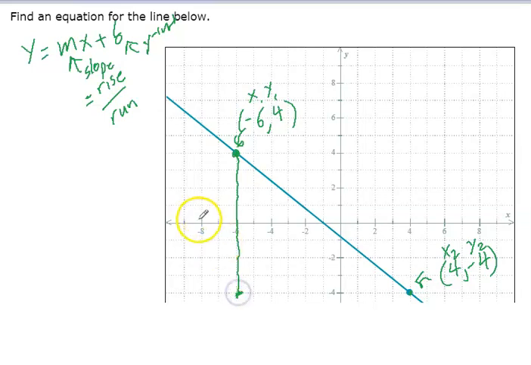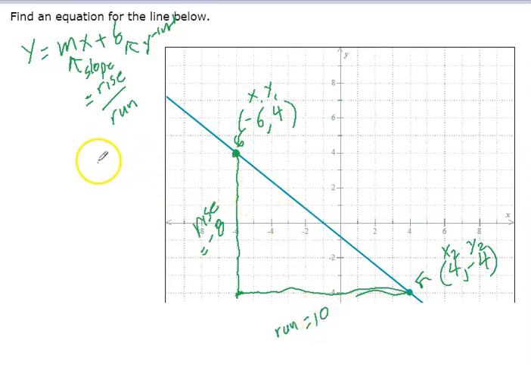So that would be a rise of -8. And then a run of, well, since we're going to the right, this is going to be positive, that would be 1, 2, 3, 4, 5, 6, 7, 8, 9, 10. So a run of 10.